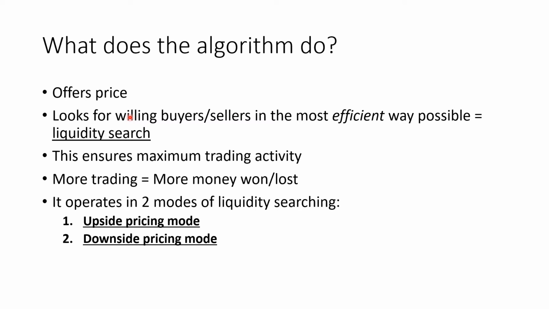It looks for the places where liquidity is most likely to be held. Why does it do this? Well, this ensures maximum trading activity. Why is maximum trading activity important? Well, more trading equals more money in the market, which is either more money won or more money lost.